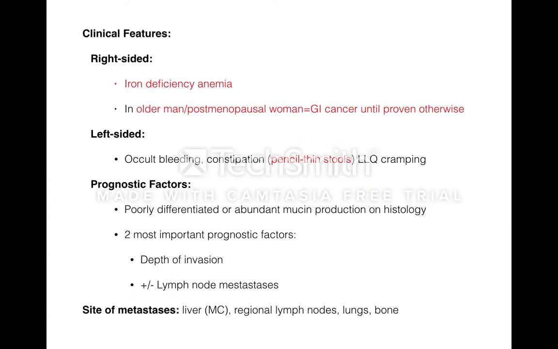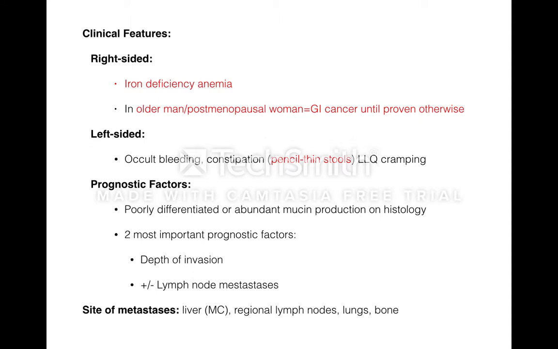Patient presentation also varies based on tumor location. Those with right-sided cancer will often present with iron deficiency anemia, and as such, in an older man or postmenopausal woman, iron deficiency anemia should be considered GI cancer until proven otherwise. Left-sided colon cancers present with occult rectal bleeding, on the other hand.